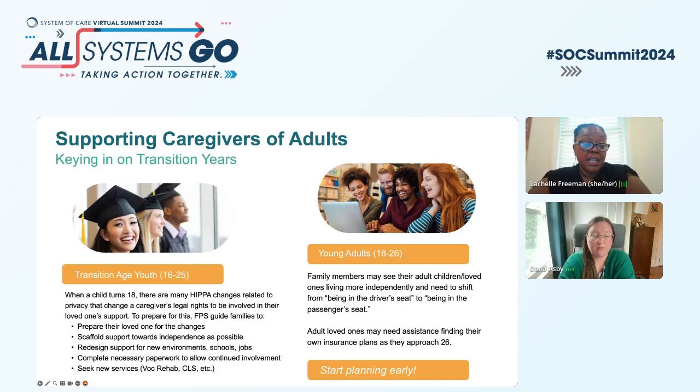So then we're looking at young adults from 18 to 26. Family members may see their adult children or loved ones living more independently and need to really shift from being in the driver's seat to just being a passenger.